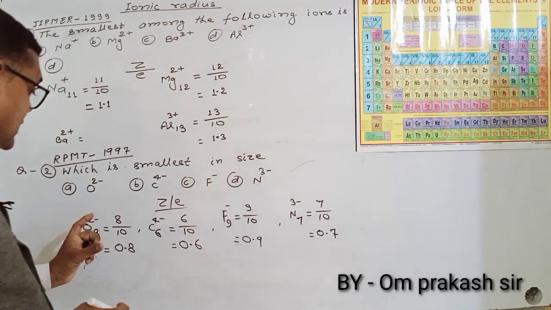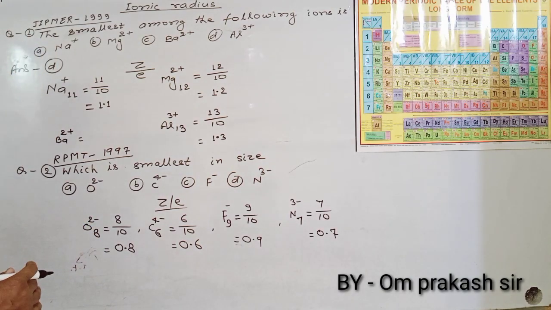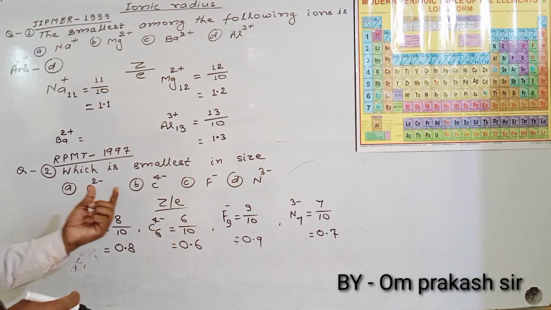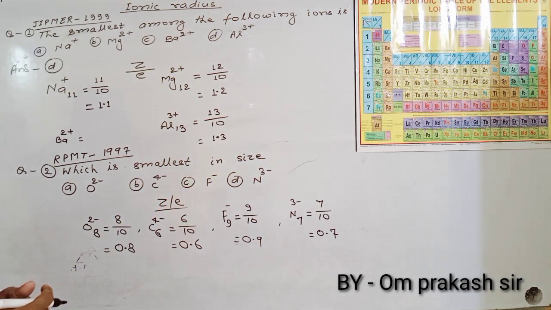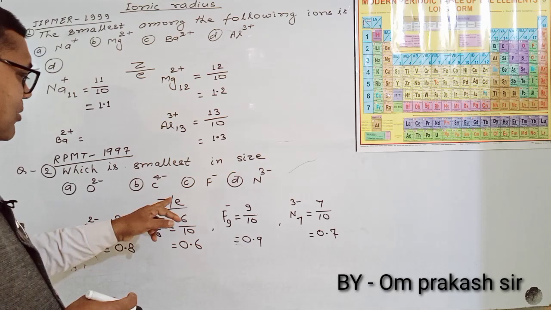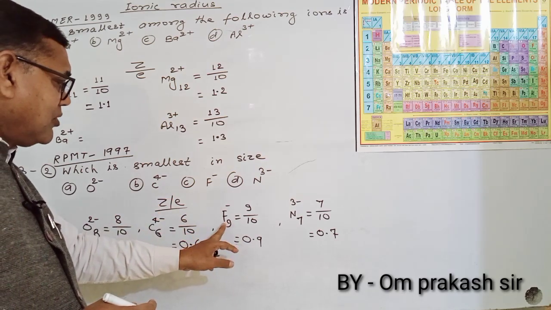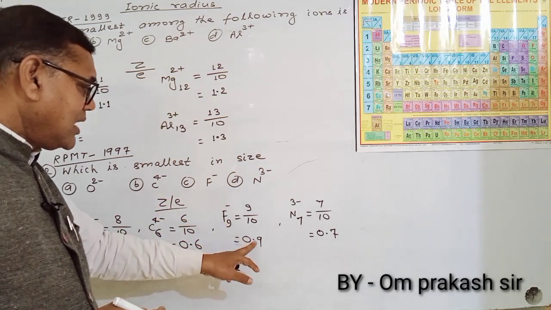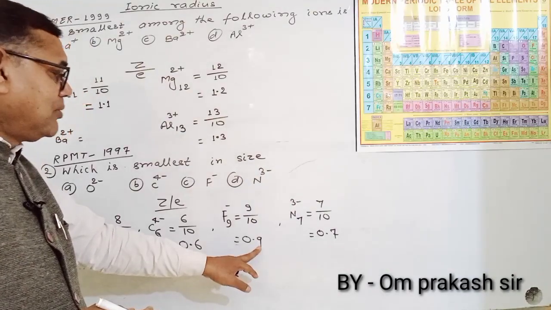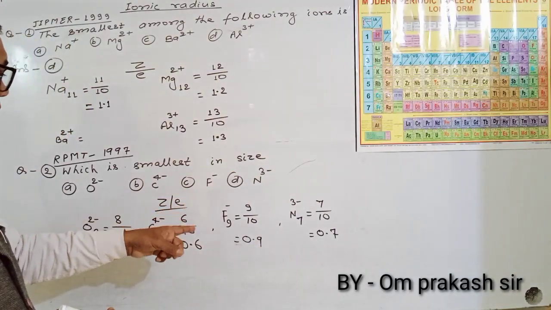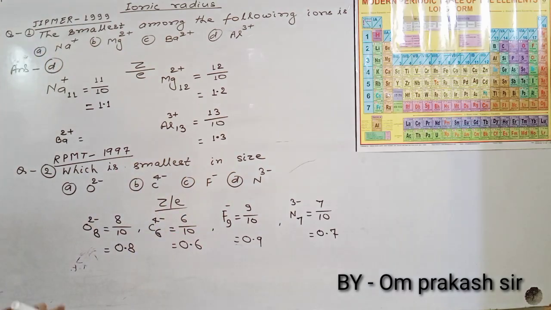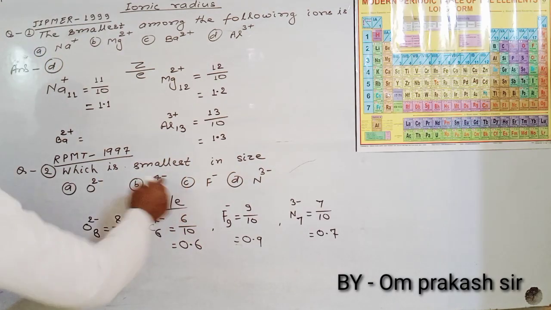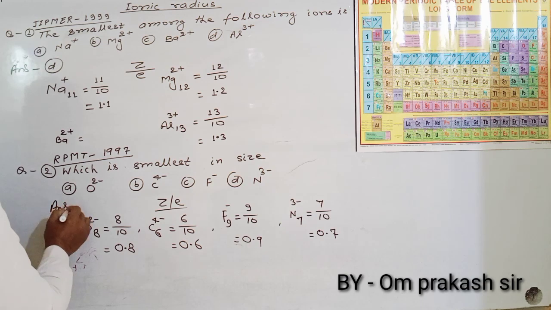We see the value of Z upon E is greater for fluoride ion, which is 0.9. Therefore, the size of fluoride ion is smallest. Option C is correct.